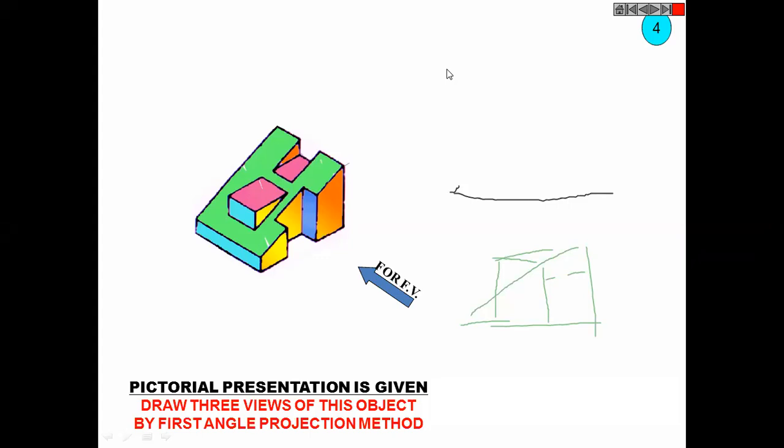Who drew this and rubbed it? Why are you rubbing? Draw it, but do it fast.